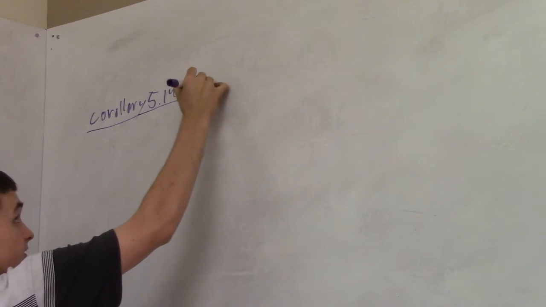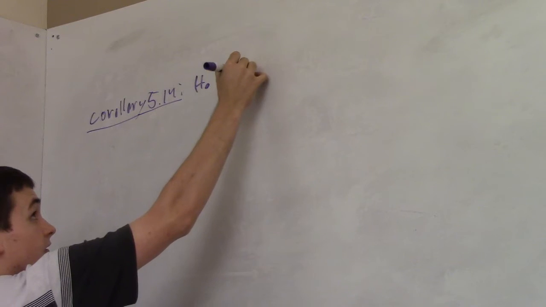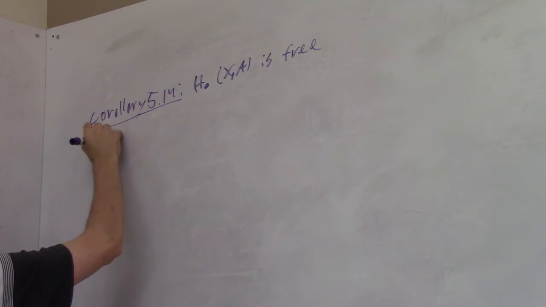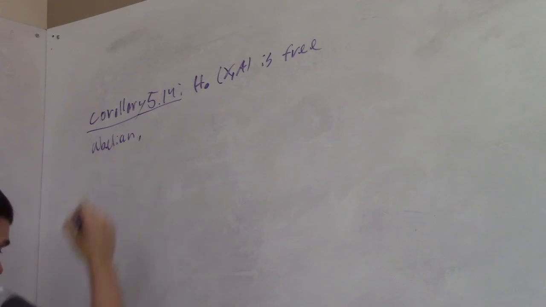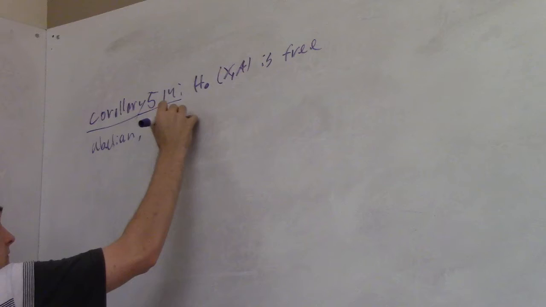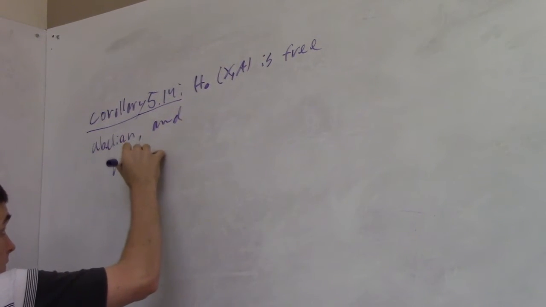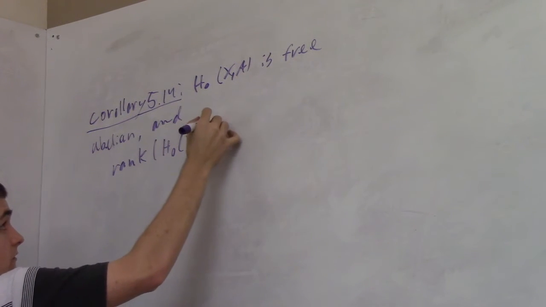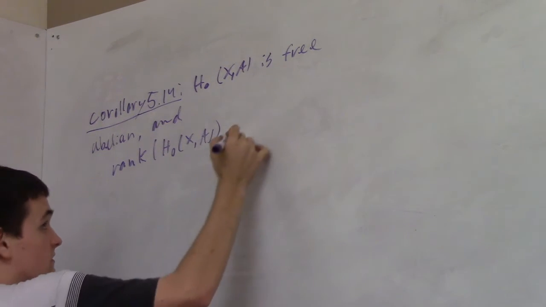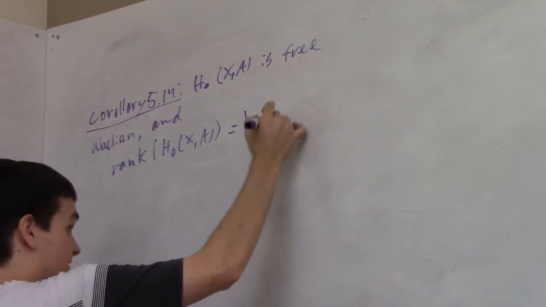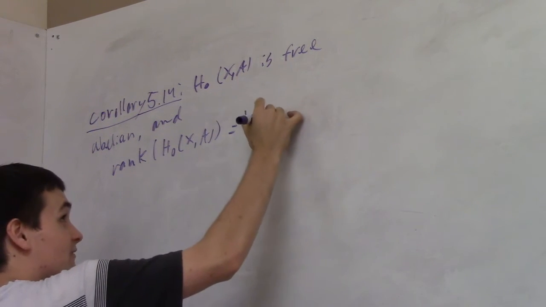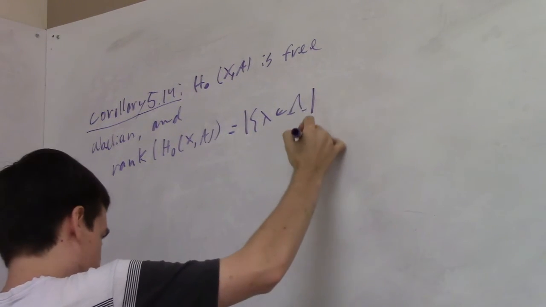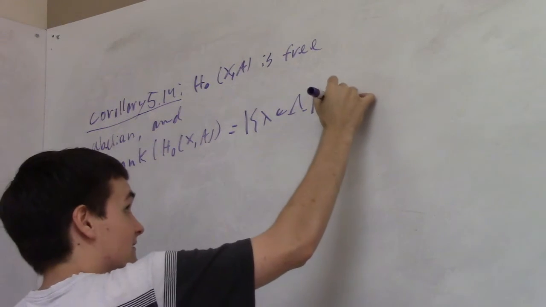H naught of x comma a is free abelian, and the rank of that group is going to be, I'm not going to say card because it's kind of weird notation. I've never seen it anywhere else before. But yeah, the cardinality of this set.